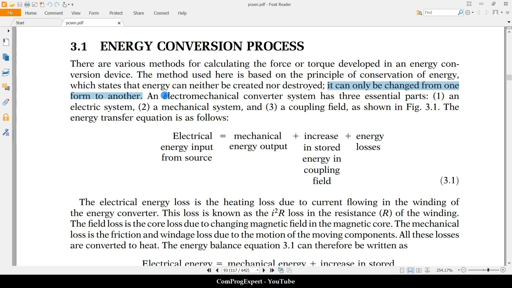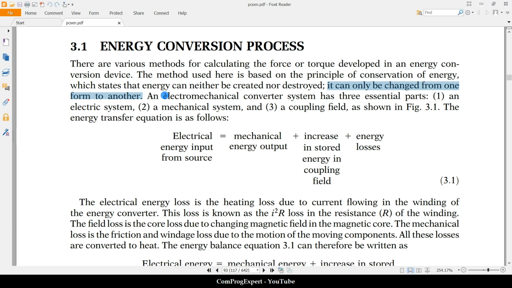As you remember from the electromagnetic course, there are various methods for calculation of force and torque, either electrostatic force or magnetostatic force, electrodynamic or magnetodynamic. We have methods such as Maxwell stress tensor, equivalent charge method, and energy method.